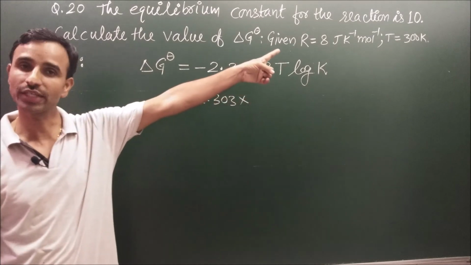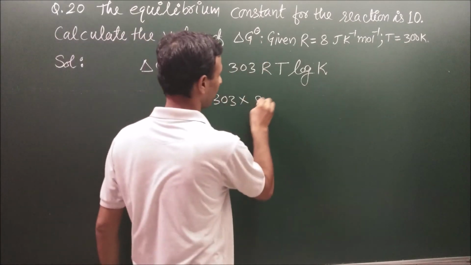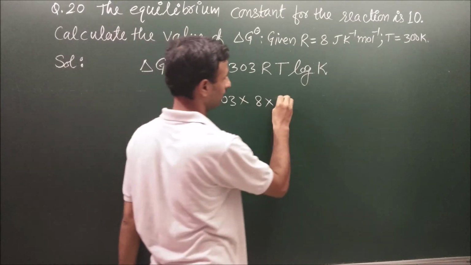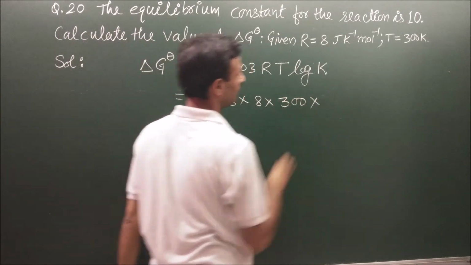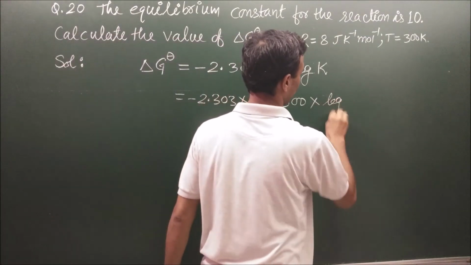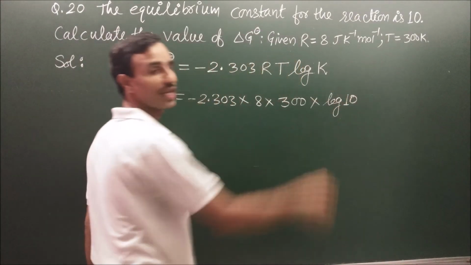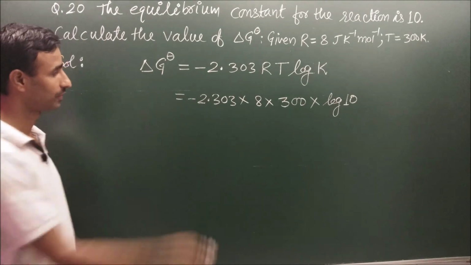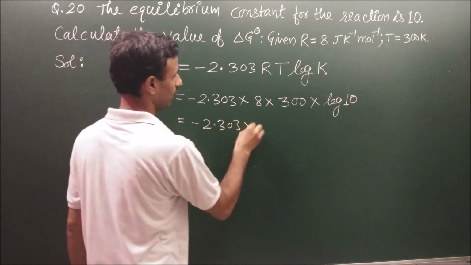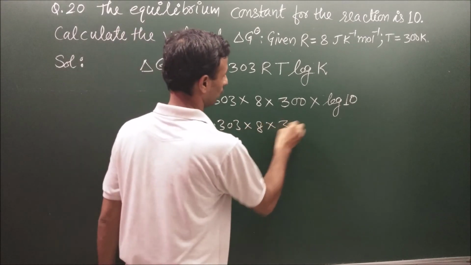R is 8. And what is temperature? T is given, 300, and log of K, so log of 10. You know log of 10 is 1. So this is so simple. Minus 2.303 into 8 into 300.